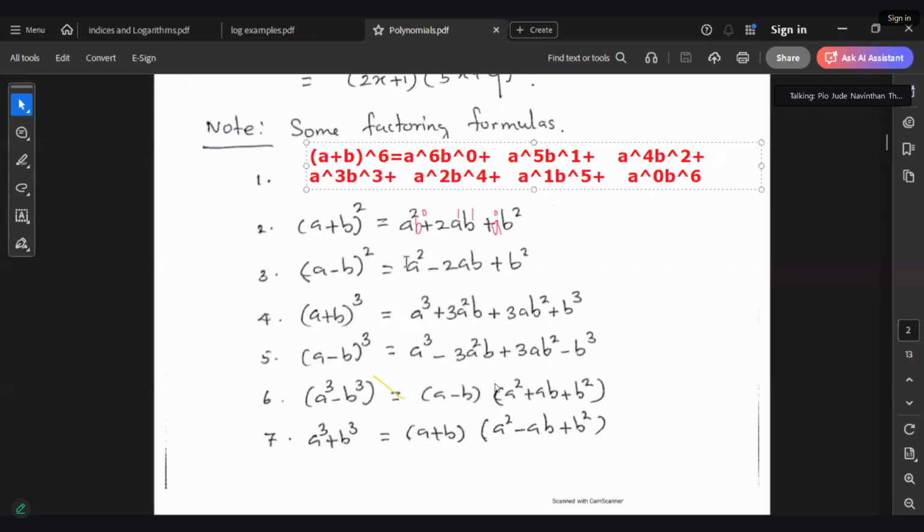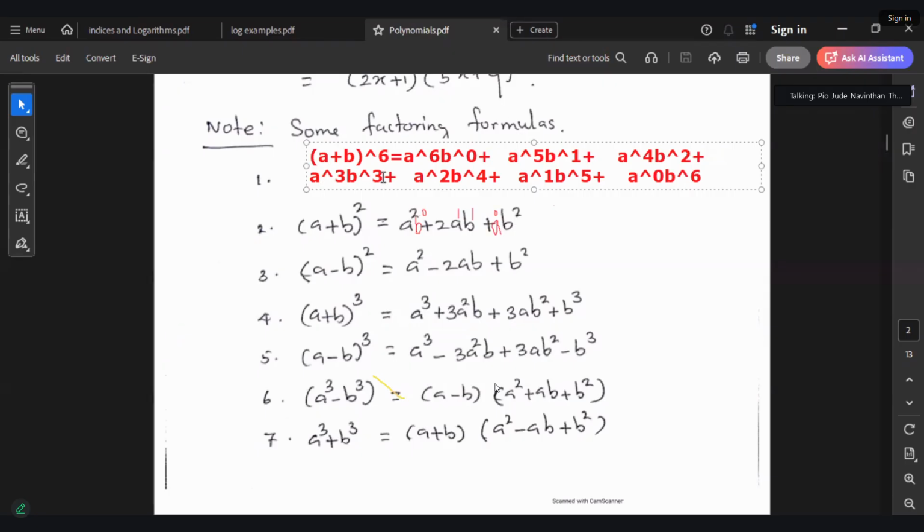Okay. So, now I told you the total value of the degree is 6. Here, degree means the order or power. So for A, the power is 6 now. 6 plus 0, 6. Here A5, B1: 5 plus 1, 6. A4, B2: 4 plus 2, 6.